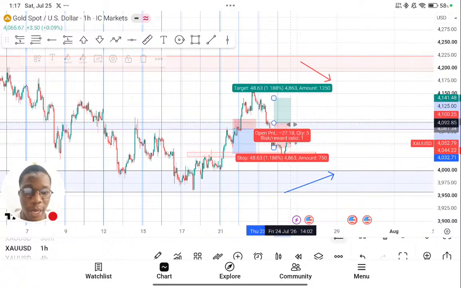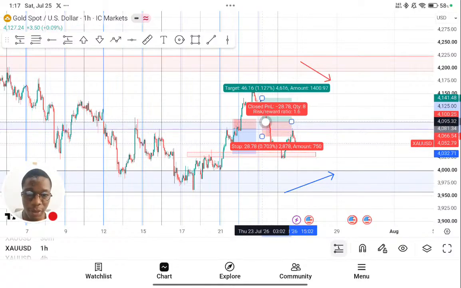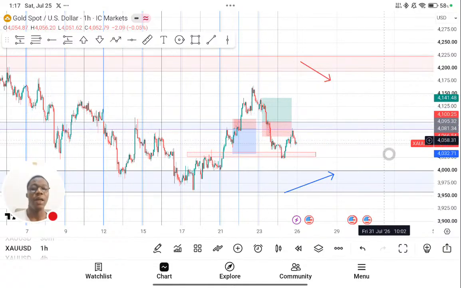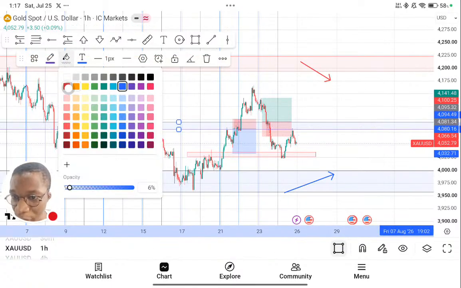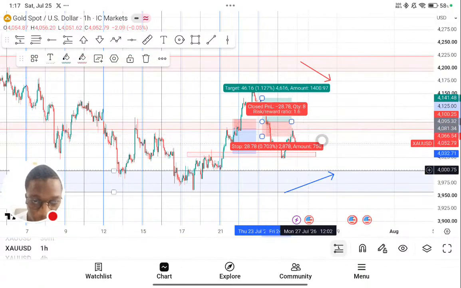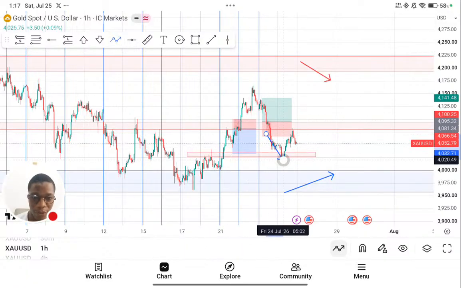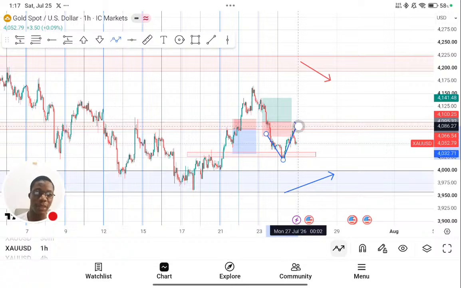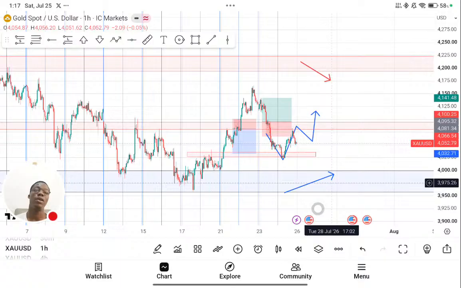You would have been hit here again, because this same level that turned to support has now again been broken and is now a resistance again. Can you see? Price broke that level, came, tested it, and now we don't know, is it going to hold price down, or is price going to still break above it?